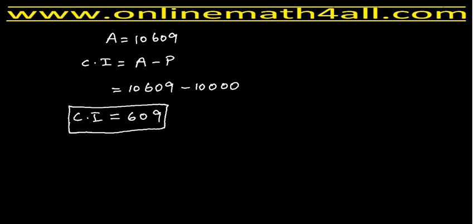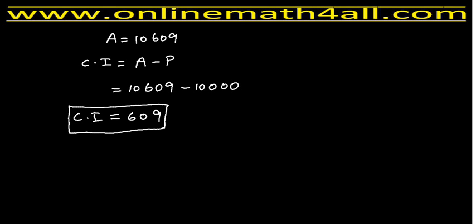So now let us consider the question. The principal is given as $10,000 and the rate of interest is 6%, and we earned 609 in compound interest. Now I'm going to invest the same money, that is $10,000, and I would like to have the same interest, 609, but this time I'm going to invest in simple interest.